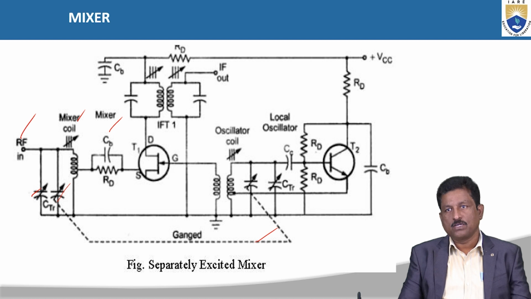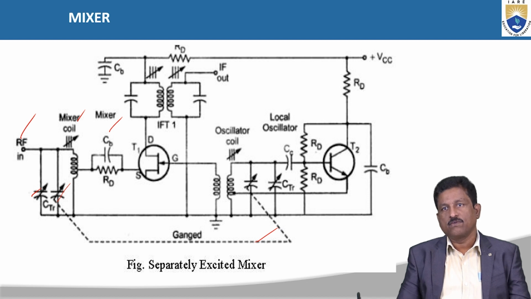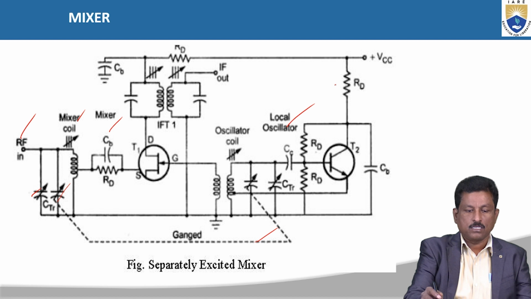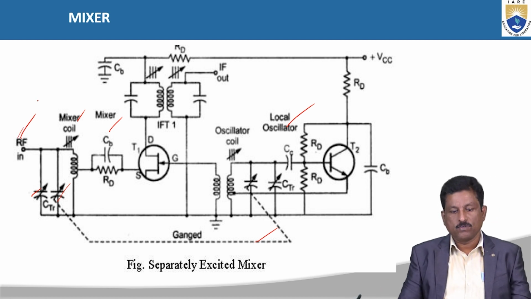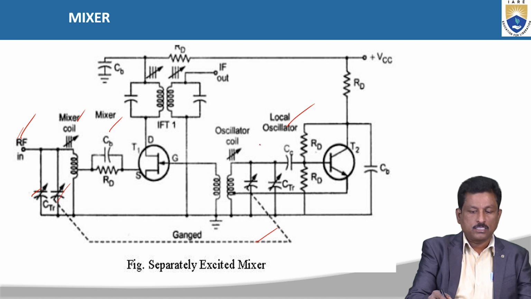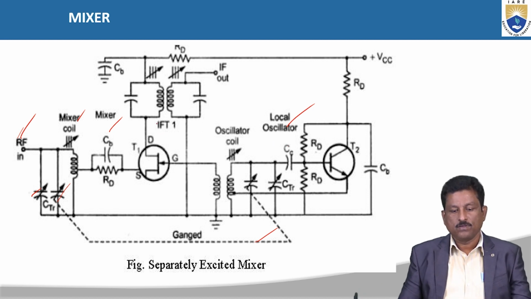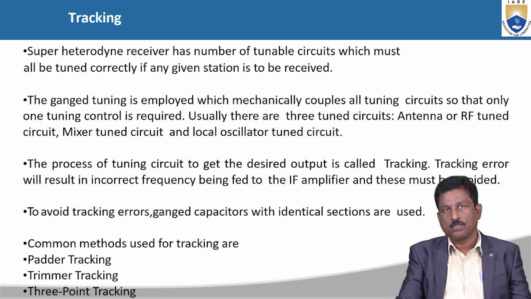Finally, we have the mixing operation with the support of this circuit. It is a combination of FET and transistors and a local oscillator. This is the local oscillator; the other input comes from the received RF modulated wave. These two, the local oscillator signal and the RF value, are given to the mixer. This is the mixer operation, completely. So this is the mixer diagram.